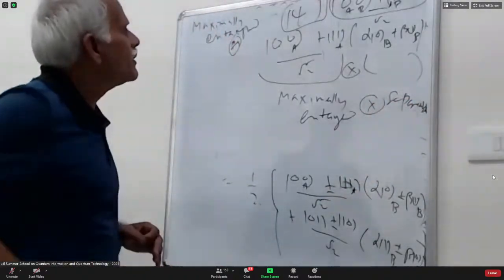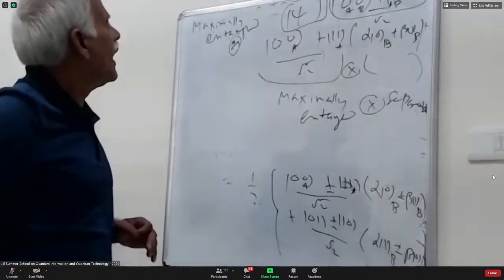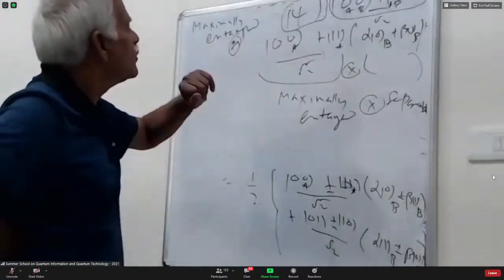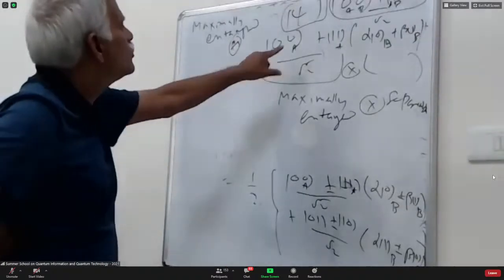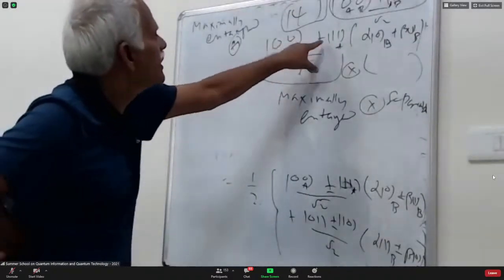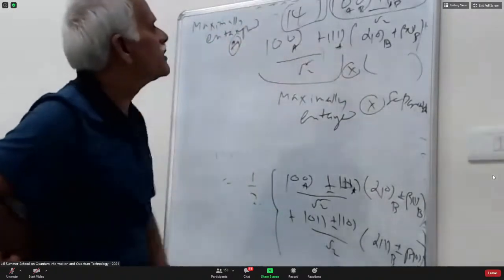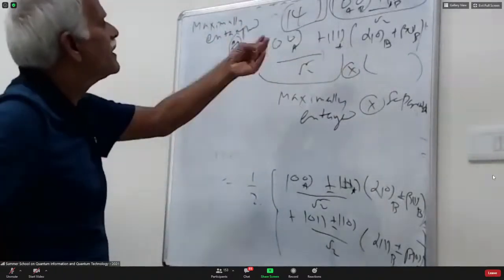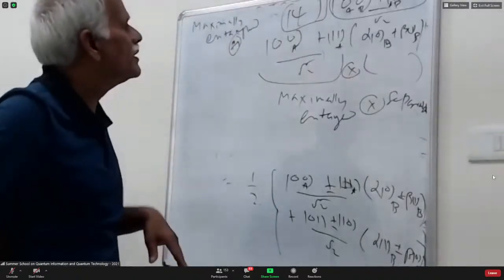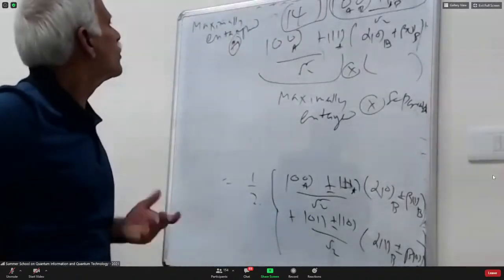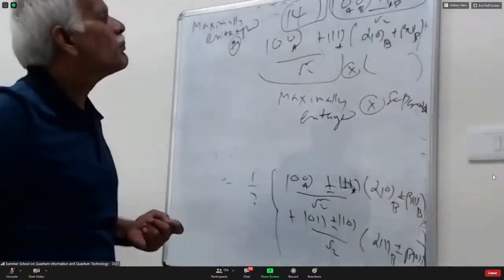But first, what happened? Now you see, Alice knows, because Alice has known the mathematics, that since he has got the state, she does not know the unknown state. What this mathematics tells her is that whatever alpha beta, the state has been created at Bob's end. So she formally tells Bob, apply identity.